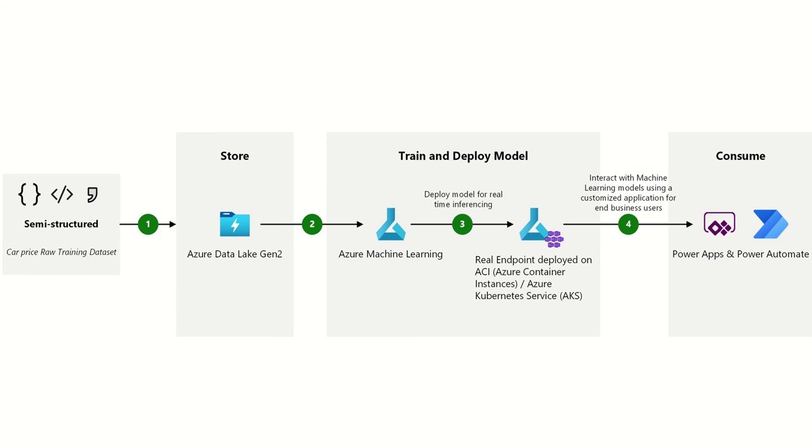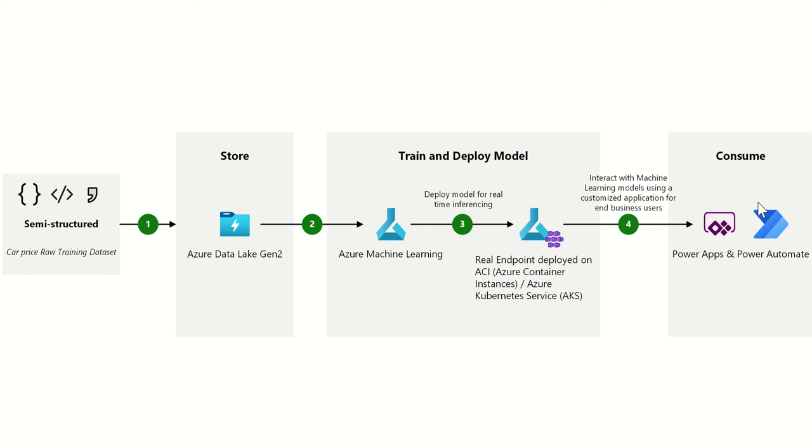This is a simplified version of how we get this architecture deployed. For example, we have the semi-structured data. We process and store data in the Data Lake. Then we use machine learning to train and deploy the model for real-time inference. It can be deployed in, for example, ACI or AKS.